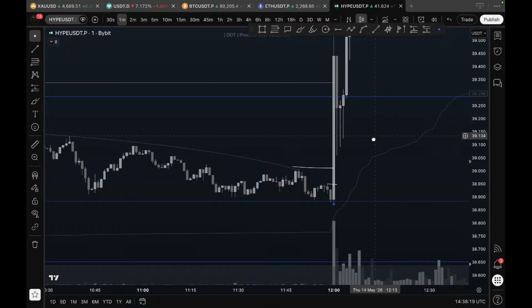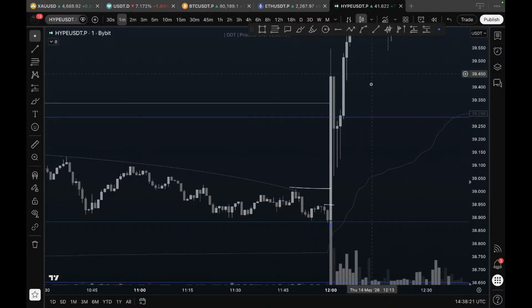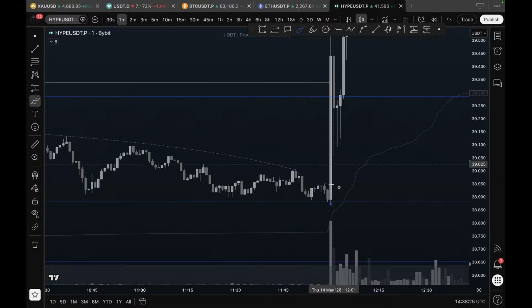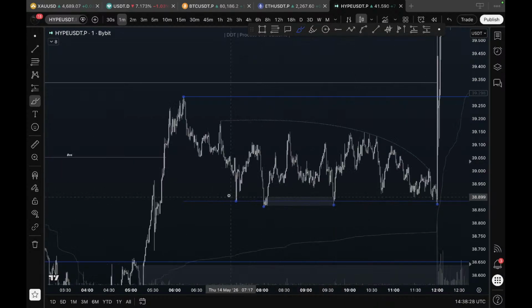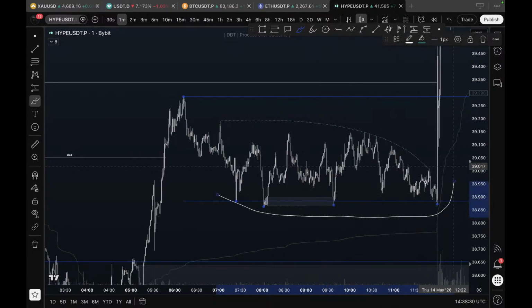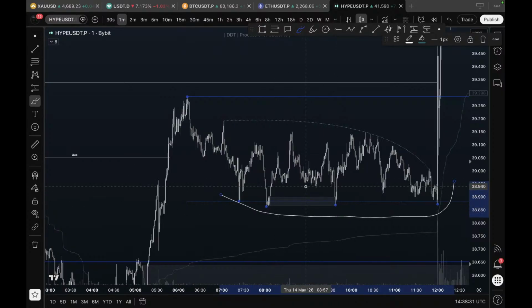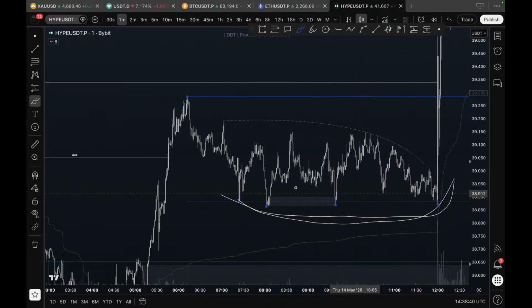So even if you wait for the minute candle close, then your entry was already up here. So entering was super hard, but again, crazy to see how it formed. And it's not magical, it's just big players know that they want to accumulate. So people are selling and they are buying. And that's why you get these models.